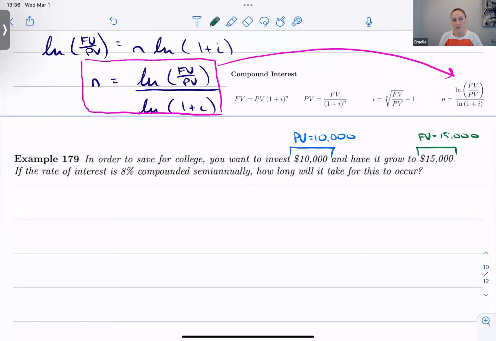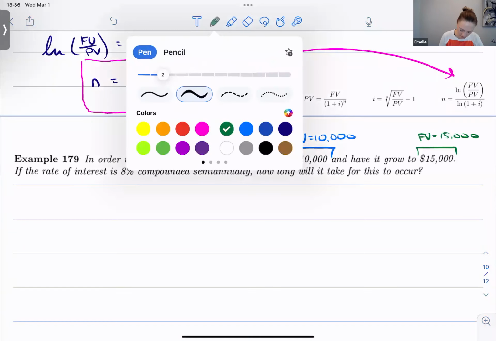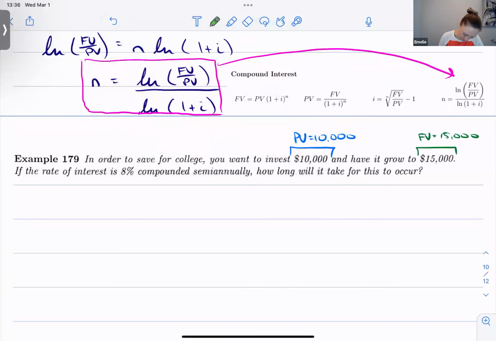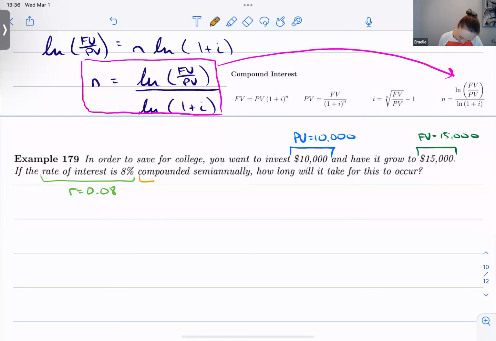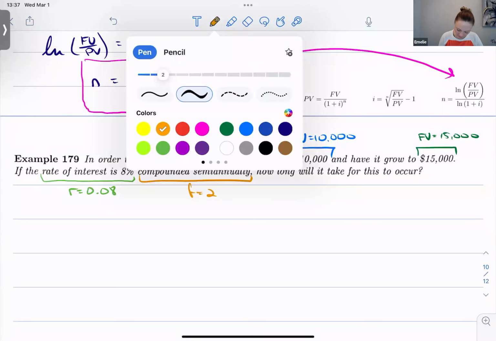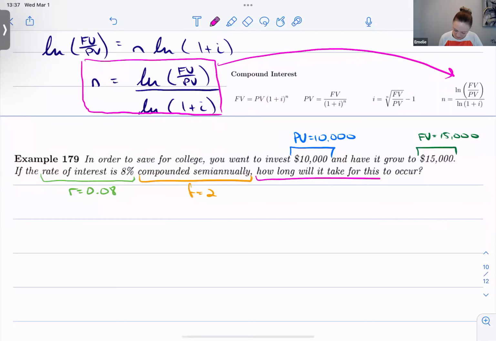The rate of interest is 8%, which means R is 0.08. It'll always give you R. You have to solve for I. Compounded semi-annually. Semi-annually is twice per year, so F is 2. How long will it take for this to occur?